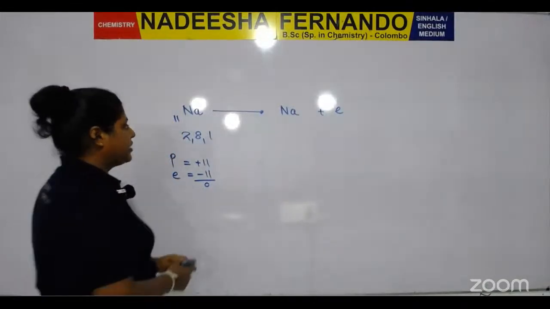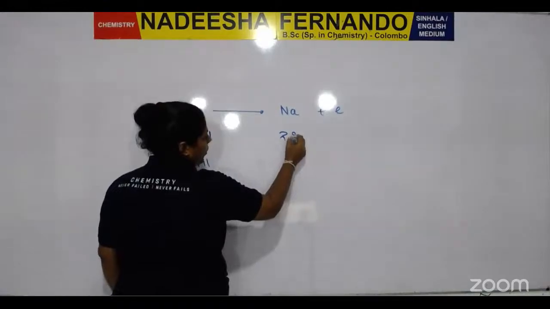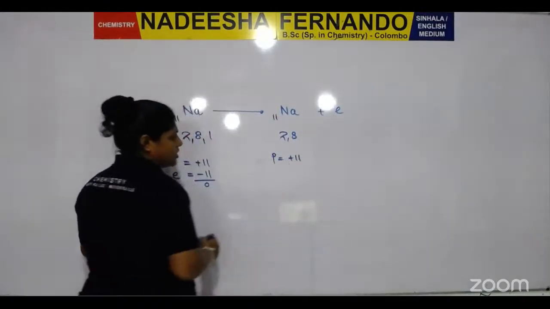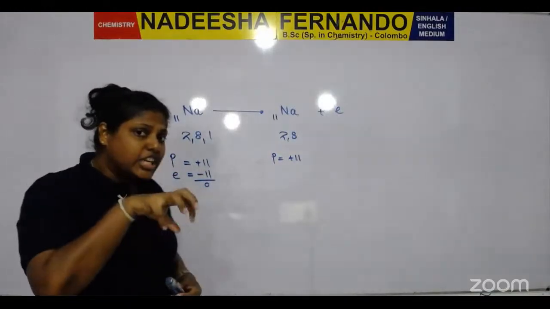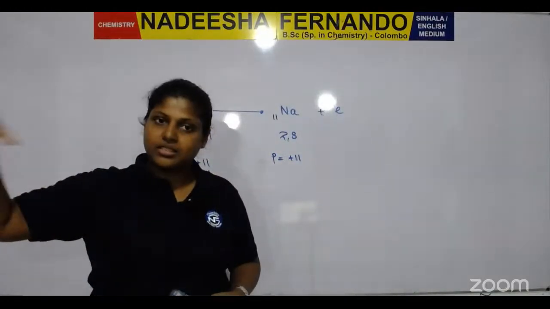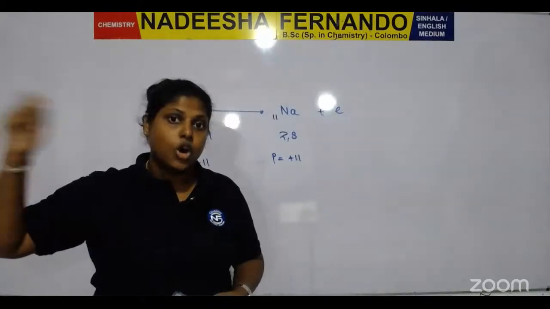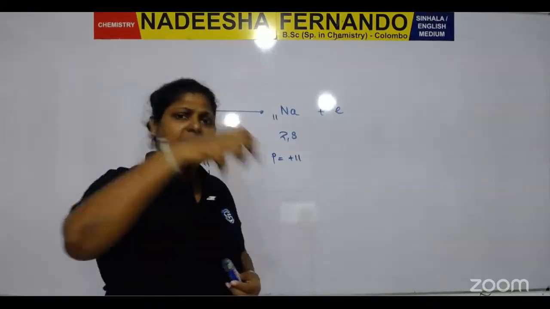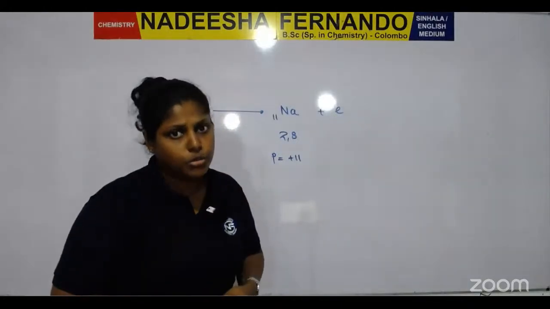After removing the electron, the configuration is now 2, 8. But the number of protons does not change because the protons are inside the nucleus. We can't remove the protons from the nucleus. We always remove electrons from the outermost shell, and we can add electrons to the outermost shell.